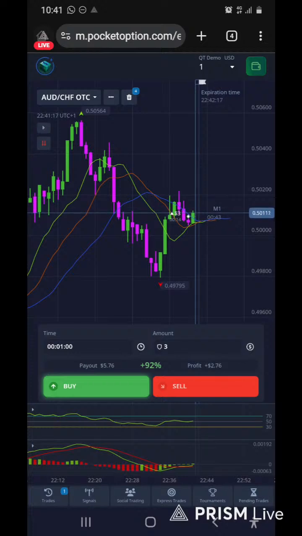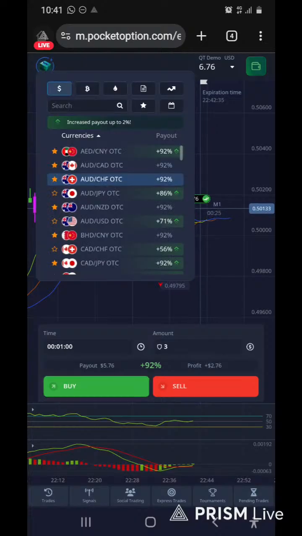It's showing a very strong upward movement on the indicators, but the chart is not saying the same thing. Okay. Let's move to the next currency pair.